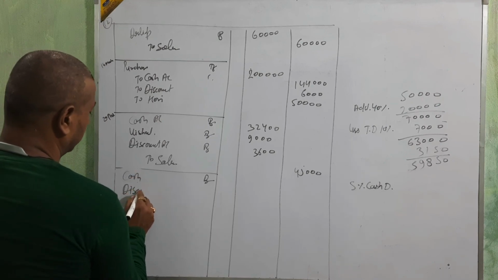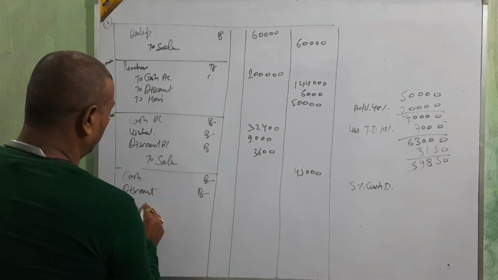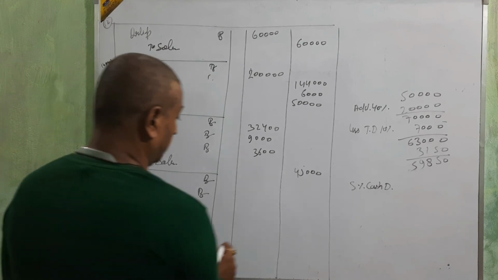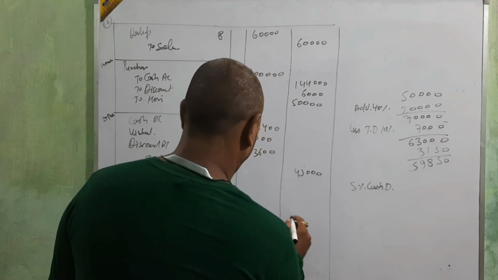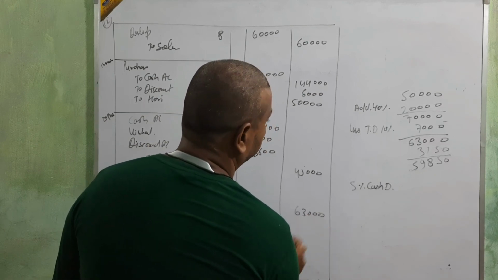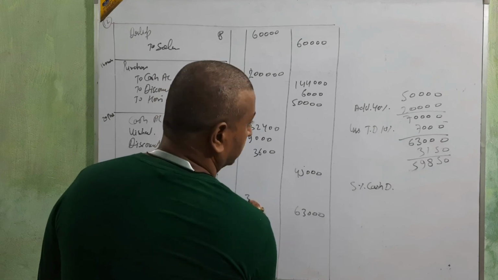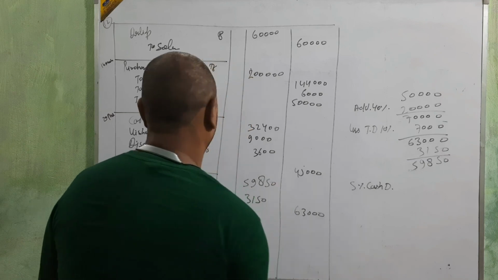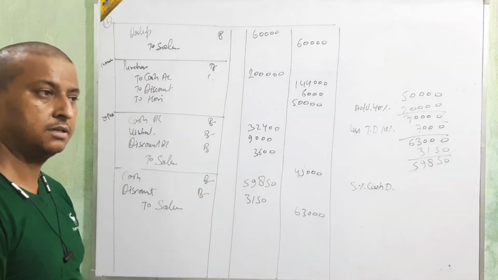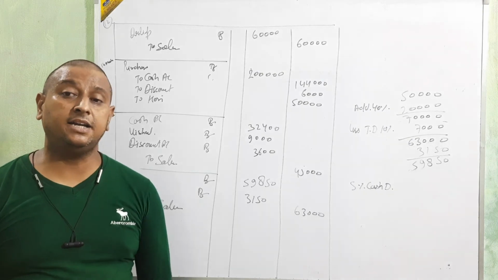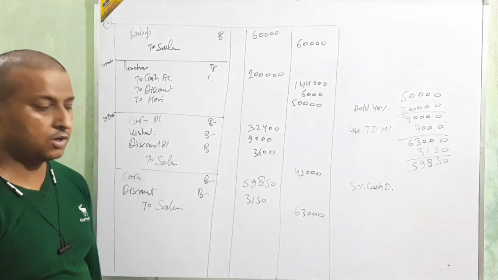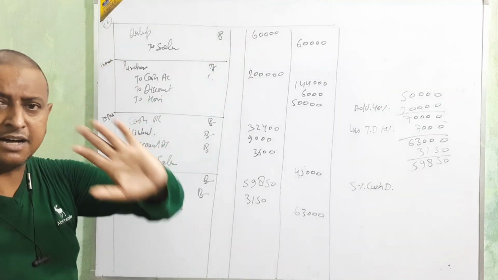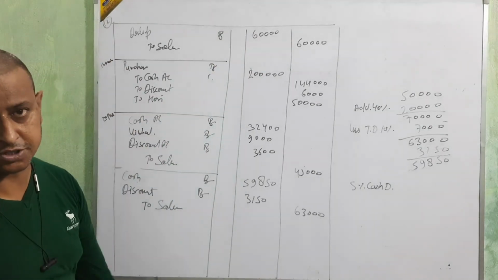Cash, discount account, to sales. In sales, after trade discount, 63,000, discount 3,150, cash 59,850. Okay, beta, clear? Clear or not? This is the way we are going to solve the question. Okay, clear?